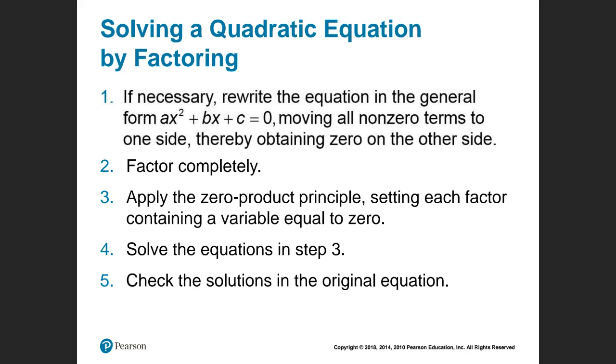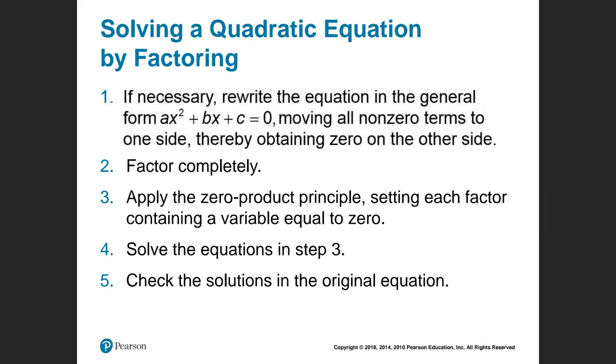Okay. Solving a quadratic equation by factoring. Step 1: if necessary, rewrite the equation in the general form ax squared plus bx plus c equals 0, moving all nonzero terms to one side, thereby obtaining 0 on the other side. Okay, this is the first one.